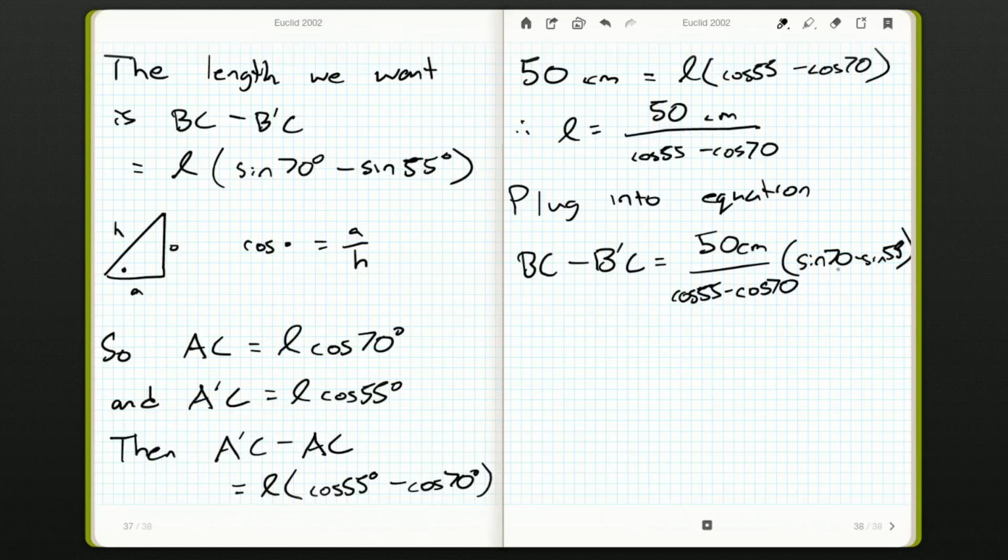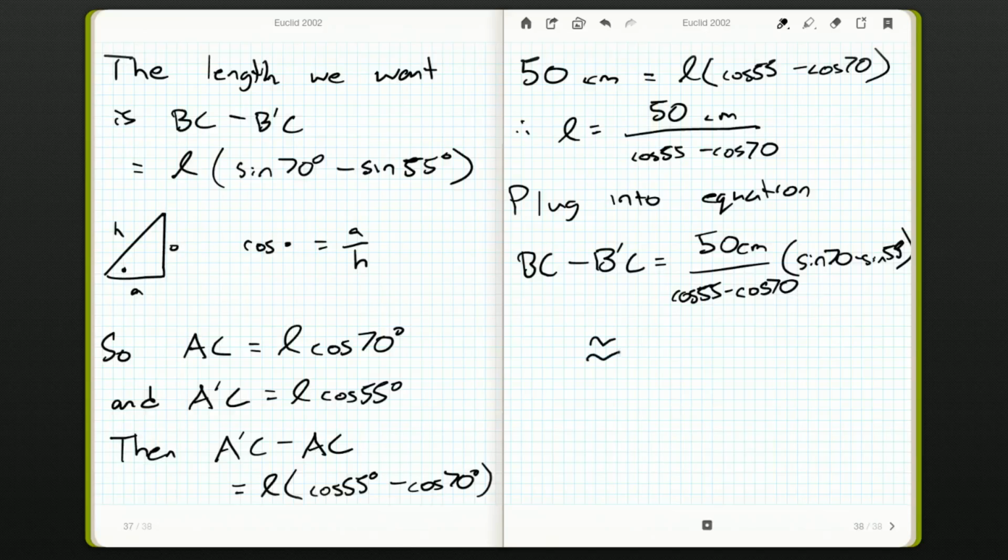And these cosines and sines, they're exact values. They don't have units, so we are just going to end up with something in centimeters. I will note, however, that I didn't just work out L and round it and then plug it in. I'm keeping everything as exact as possible until the last moment when I have to round.